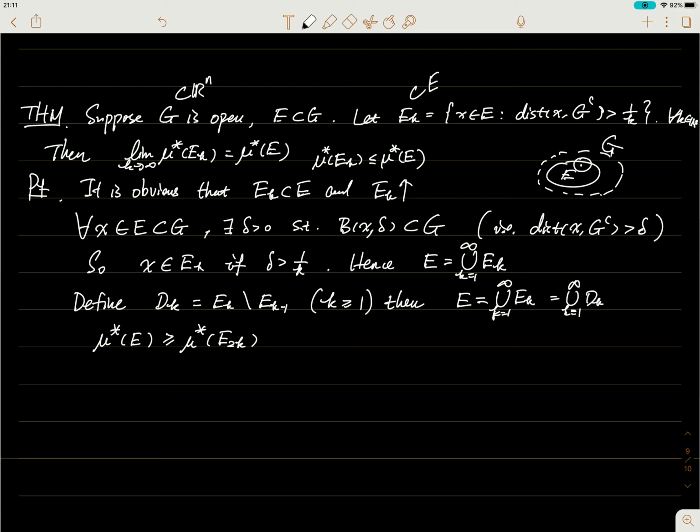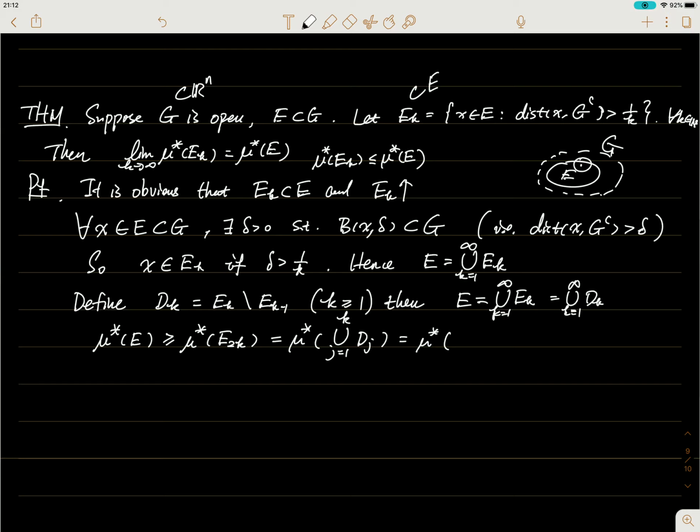Okay, and the reason I'm doing this is because this will be equal to the mu star of the union of j from 1 to 2k of this D_j. Okay, and now I can see that this D, I can separate this into two.